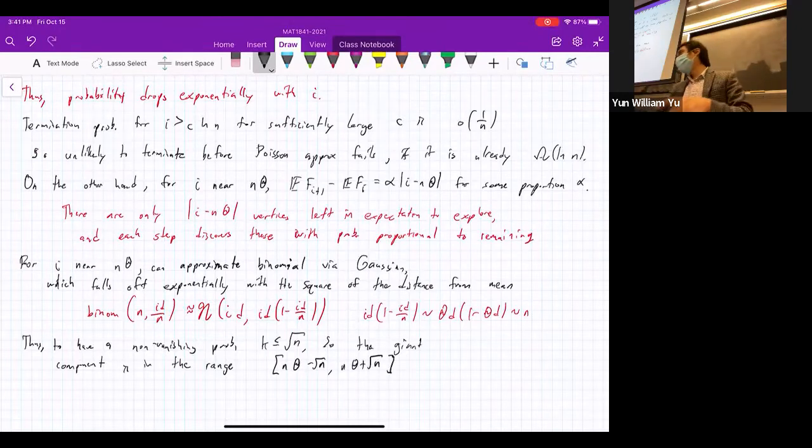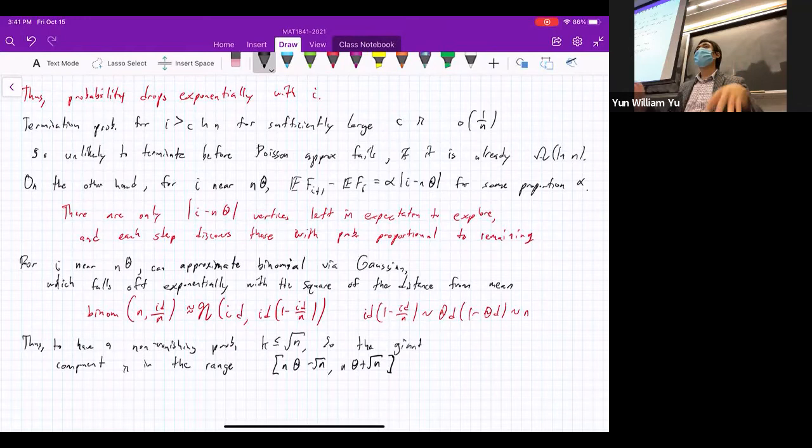Okay, so I've been playing really fast and loose with these approximations. But the basic idea is that in the regime where I is very small, we can approximate it with this Poisson distribution. And when you approximate it via Poisson, what you find is that for small I, once you get past log n, the size of your frontier, then you're unlikely to stop anytime soon. In fact, you're unlikely to stop while the Poisson approximation holds. And that means that once you get past that critical point, you keep on going.